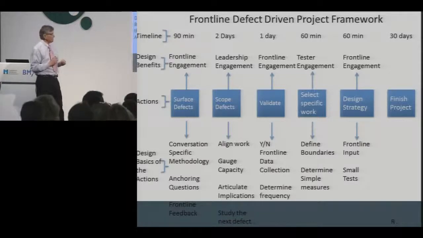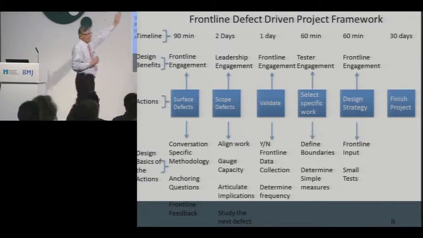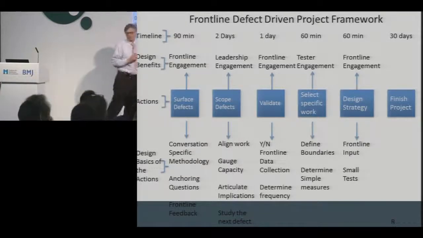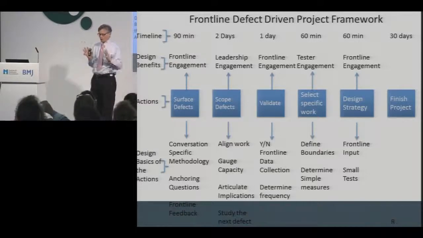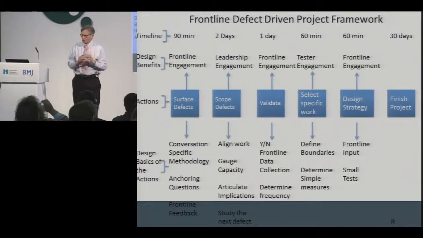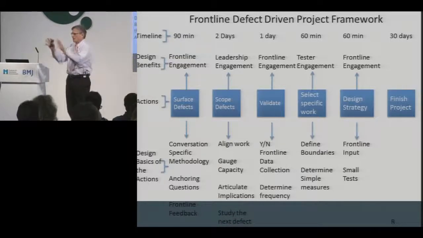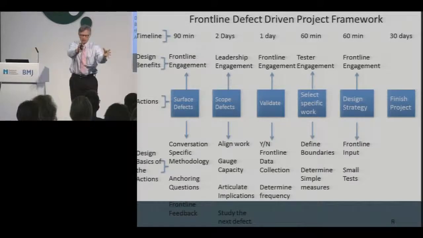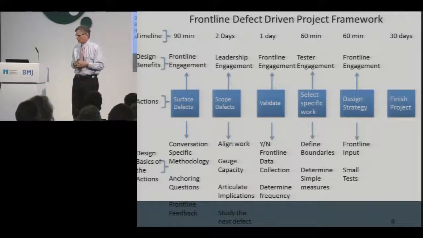That takes 90 minutes. We then require leadership to scope this project, to make sure that this is a project that can be done at a unit level by a team of 2 people without having meetings, and that this project will not influence some other part of the organization in an untoward way.